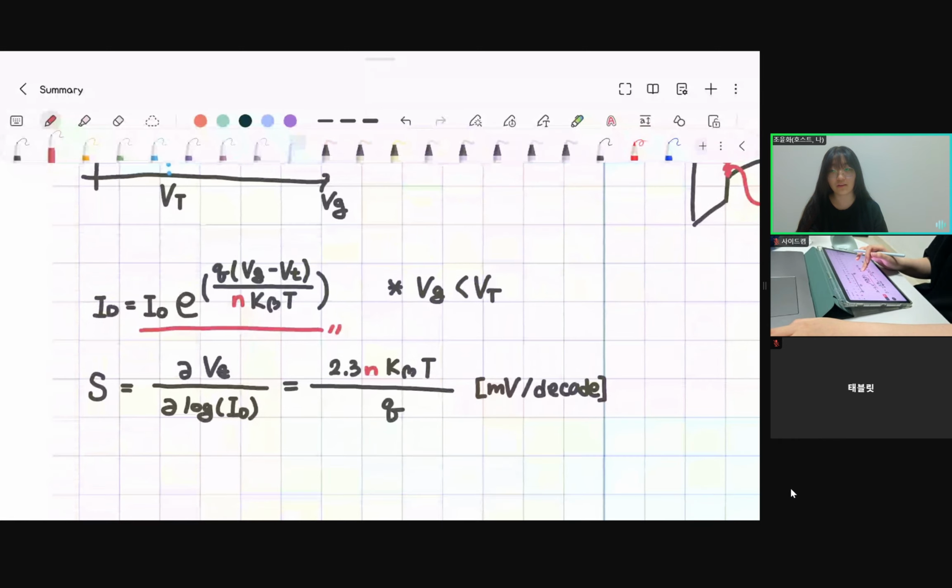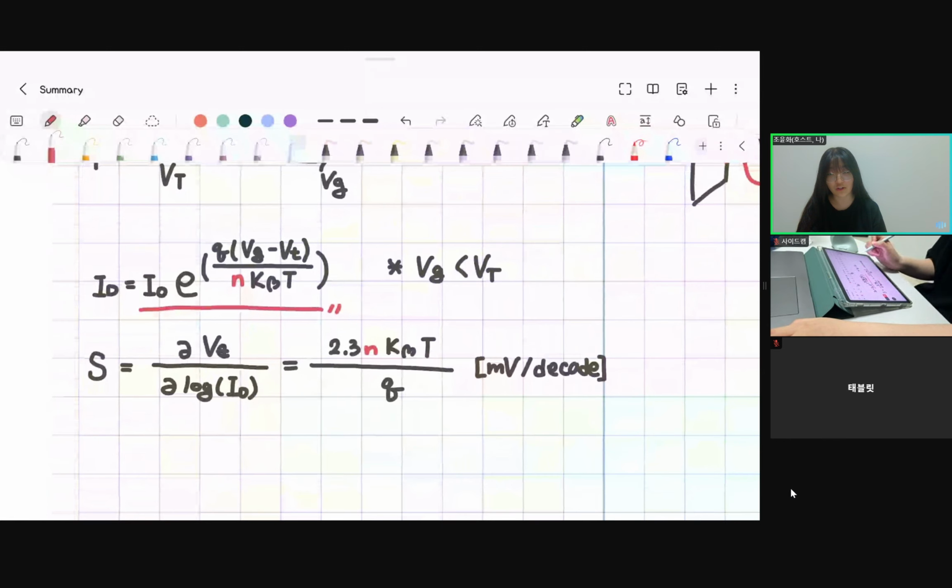And we can define the subthreshold swing. That means when the drain current goes up 10 times, the gate bias changes by this amount.